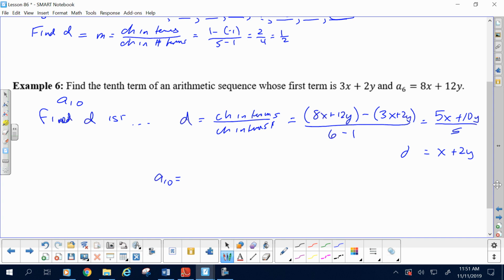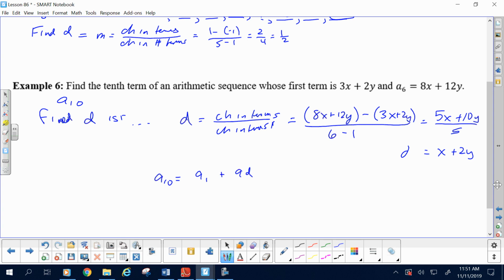On the 10th term, I could either start at the sixth term and build up, or I could use the formula. What do you want to do? Tell me, what do you know about the 10th term? It's not 10 away from anything. It's 9 away from the first term, yeah? You could say that A10 is 9 differences away from the first term.